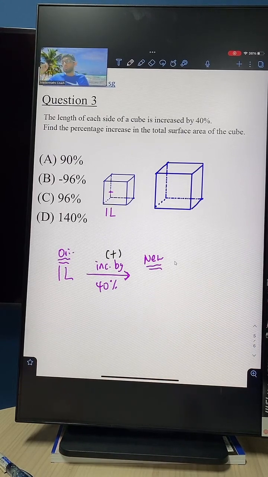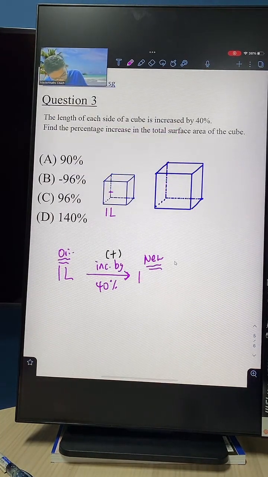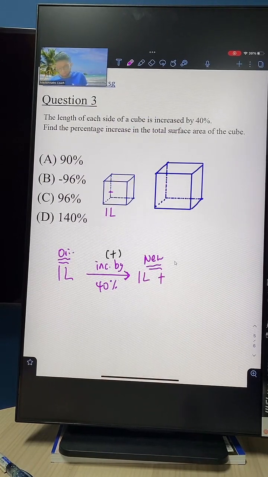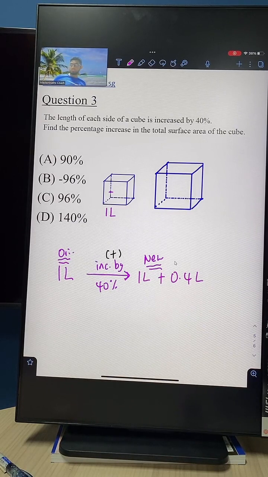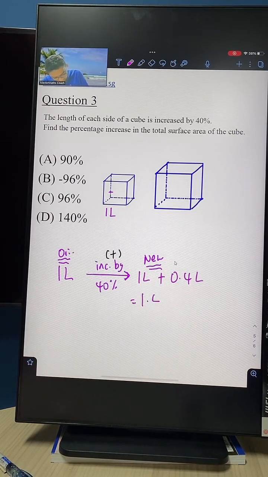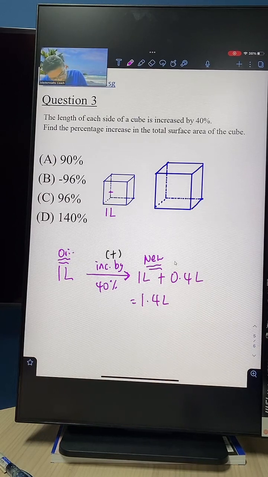So 1L plus 40%. Then you will have 1L plus what's 40%? 40% is 0.4 of the original L. That's all. Okay, Zik, you're right. So how many L is this? 1.4 L. Fantastic.